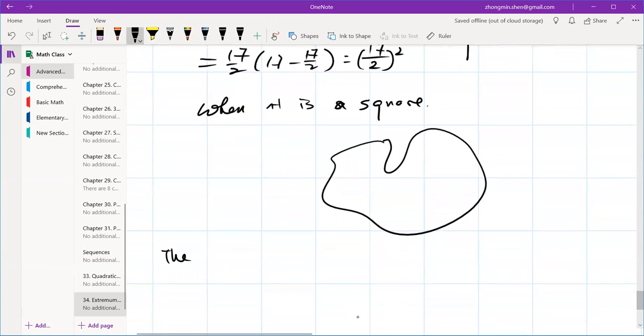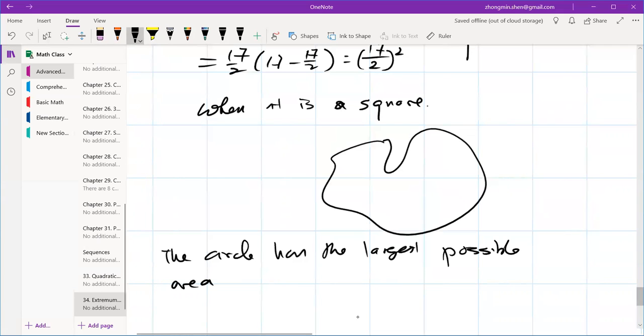The circle has the largest possible area with a fixed perimeter, okay?